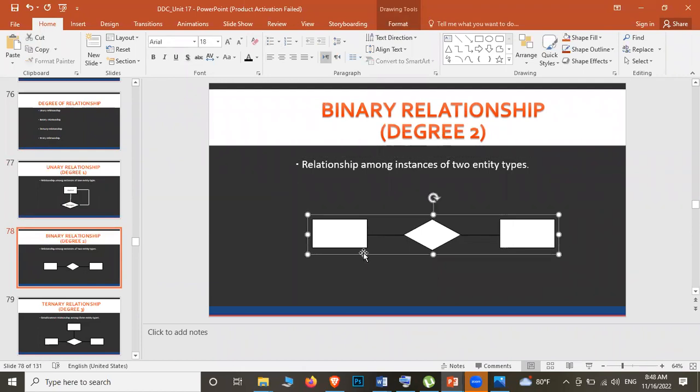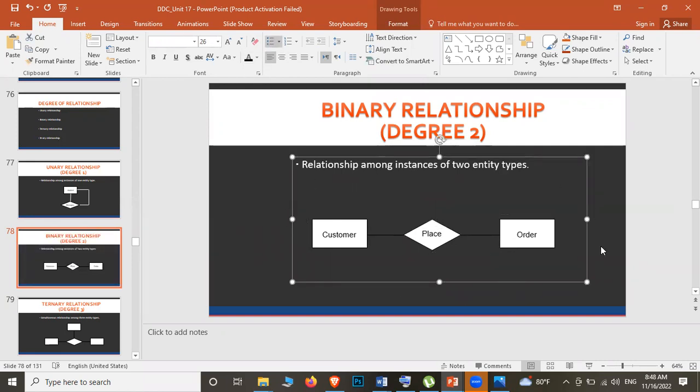Okay, am I clear? Customer places order. Okay, so that is also a kind of a normal relationship. Binary relationship එකක් කියලා කියන්නේ there would be one entity and then another entity, so both the entities will have a relation. ඒකට අපි කියනවා binary relationship එකක් කියලා.